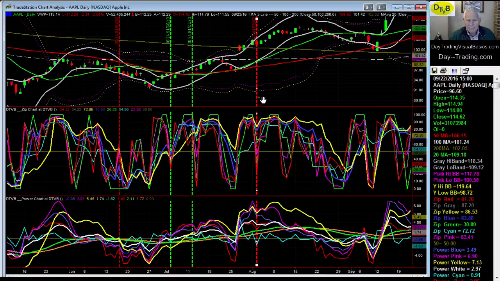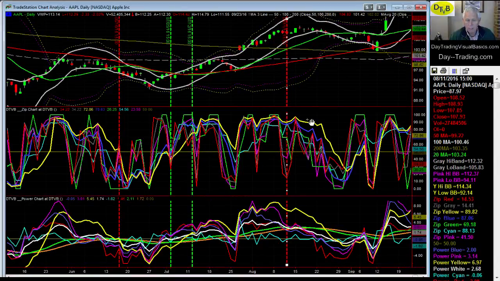From back in this area, we've had zip yellow and power yellow highest, but we've also had your zip red in a very low pattern, and that's indicative of price going up, because we know that zip red moves fast.